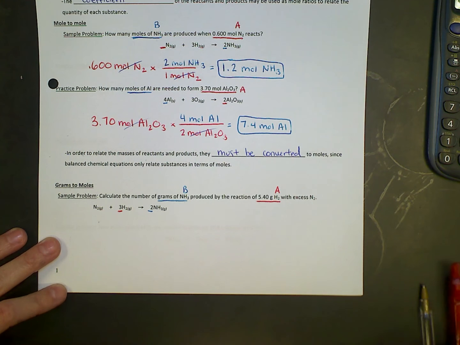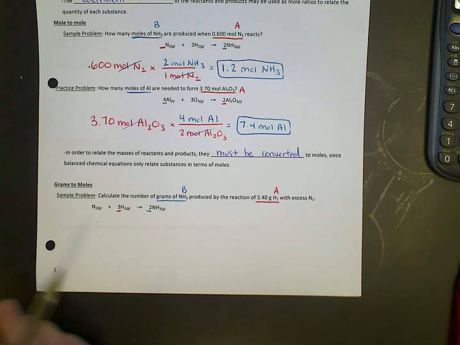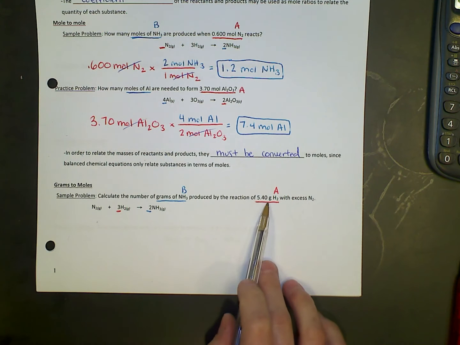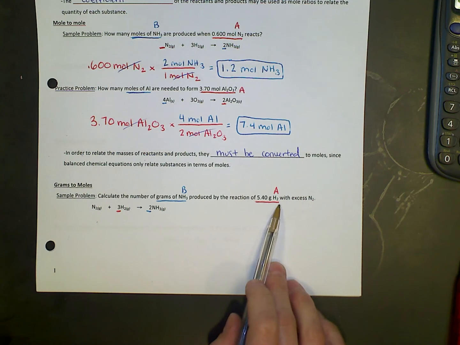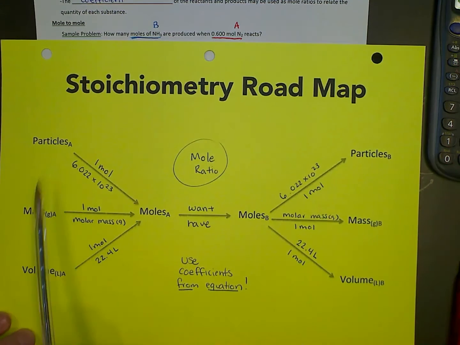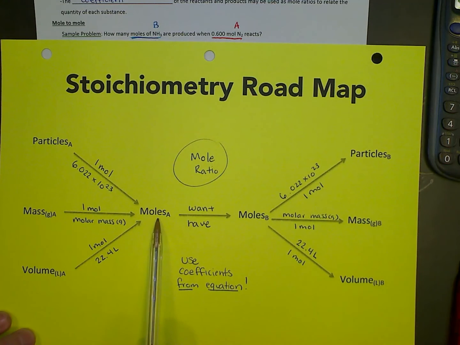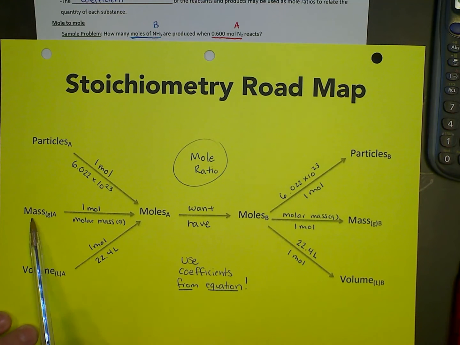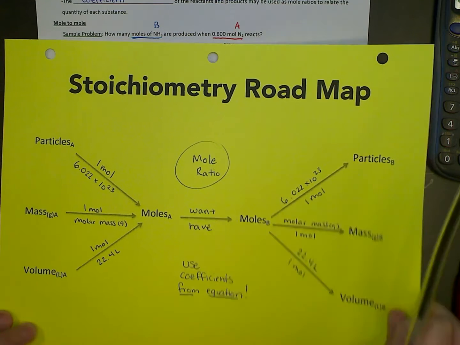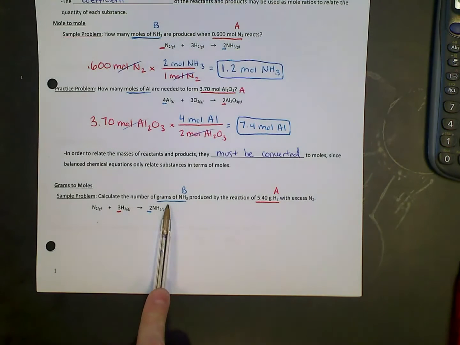Next step is to figure out where we're starting on our roadmap. Remembering what we're starting with, we're in grams of H2. Looking at our starting spot, are we particles, mass, volume, or moles of A? It's going to be mass, because mass is grams. And looking at our ending point, it's asking for grams of NH3.